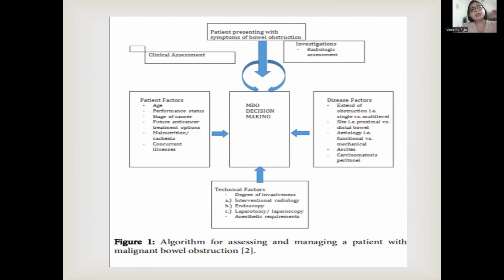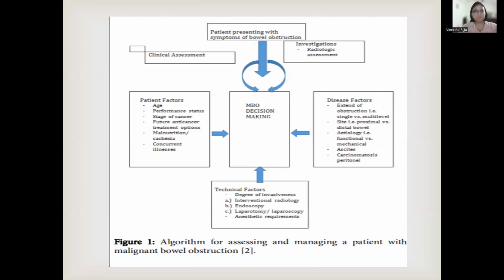Okay, so when it comes to patient factors, again, the first on this list is age. But let me tell you, age is just a number. What you need to give more importance to than just that number is the performance status of that patient at that age, because most often we see very healthy individuals even at the age of 80.